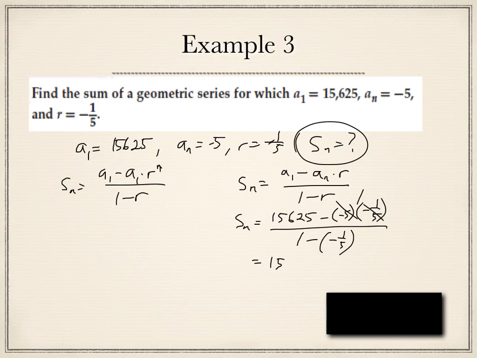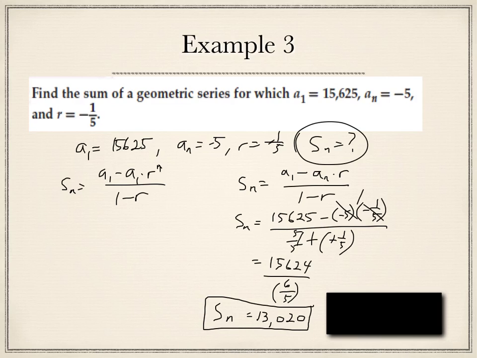So we end up with 5,624 on top. This bottom part, because we have 5 over 5, and that becomes a plus, so we end up with 6 over 5. And if you do the math here on your calculator, you will get S sub n equals 13,020. Okay, and that is the answer to this question.